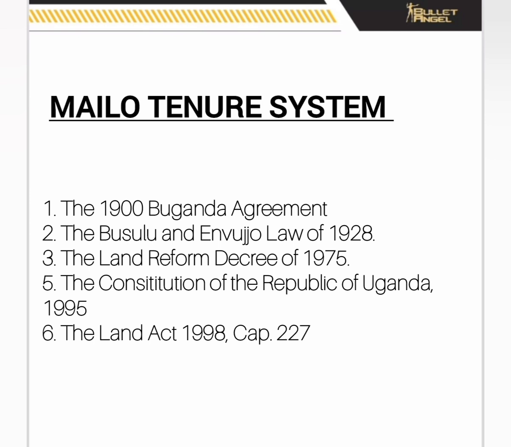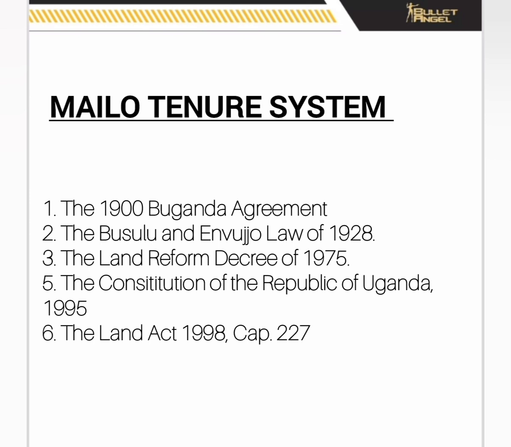So we should note that the peasants, who were the majority by 1900, did not get any land under the 1900 Buganda Agreement. They were not given any land. So these people lived at the mercy of the notables, or privileged people who owned land under Mailo, right?